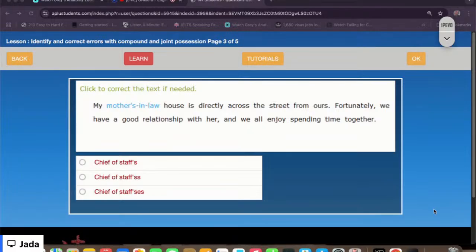My mother's in-law house is directly across the street from ours. Fortunately, we have a good relationship with her. We all enjoy spending time together. First, second, or third?